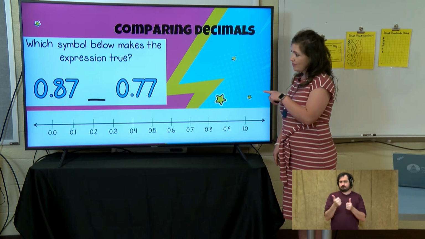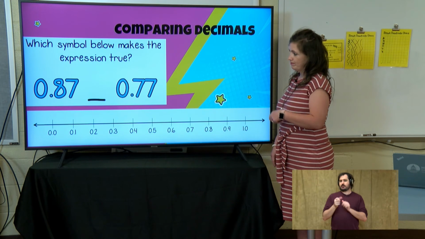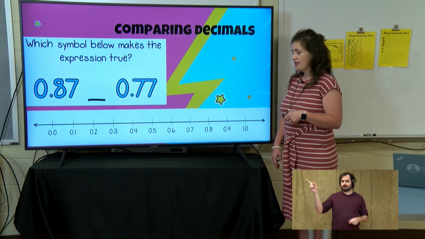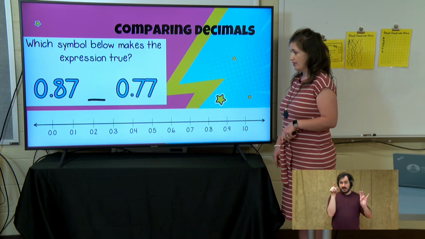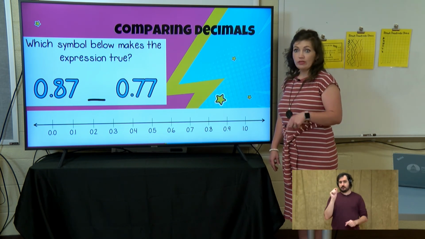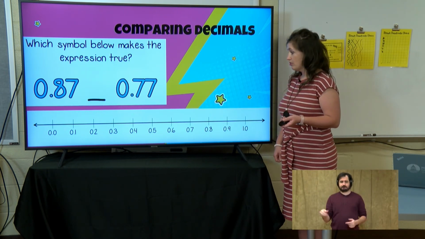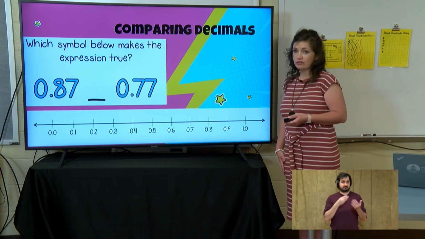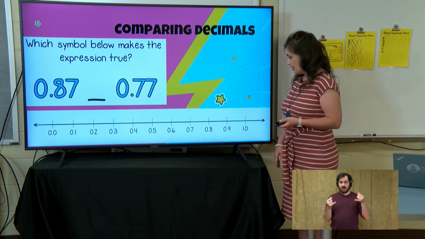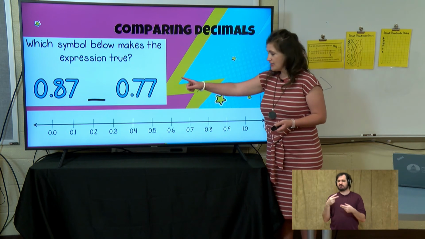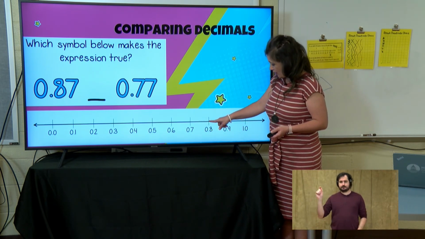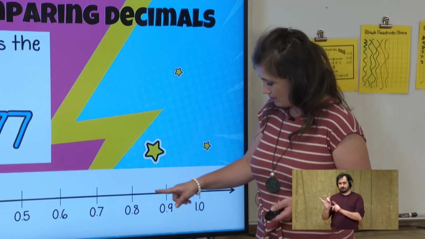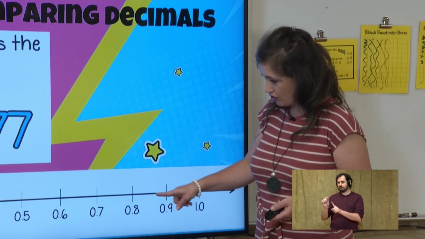Which of the symbols make this expression true? 87 hundredths. Is it greater than, less than, or equal to 77 hundredths? You can think of money, you can use a number line, or your hundredths chart. All right, let's use the number line to check it. 87 hundredths. I know my 8 tenths is right here, so to find 7 hundredths would be 7 jumps, about right here, 87 hundredths.